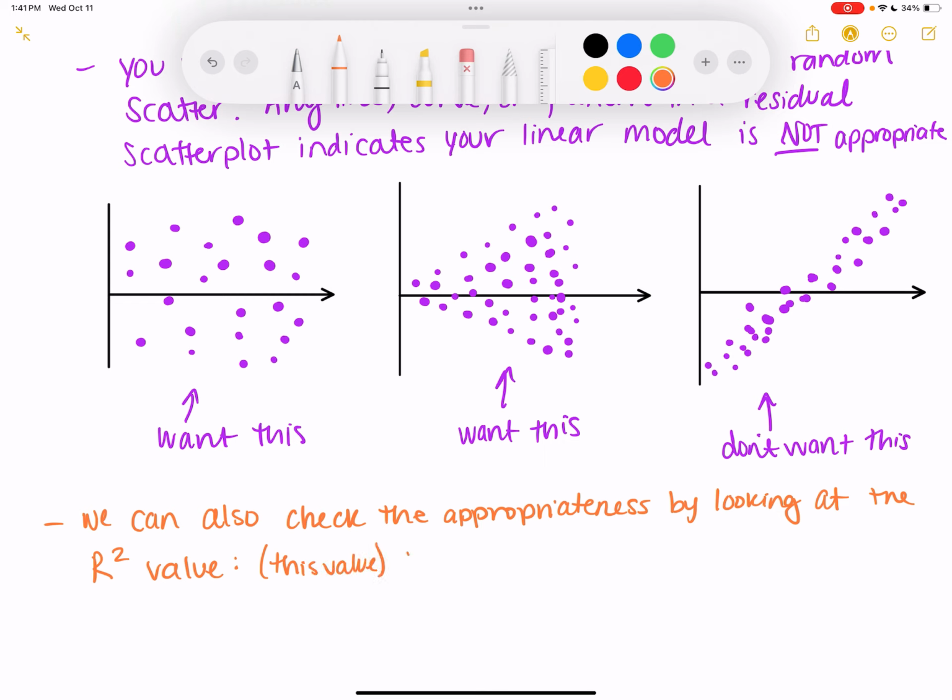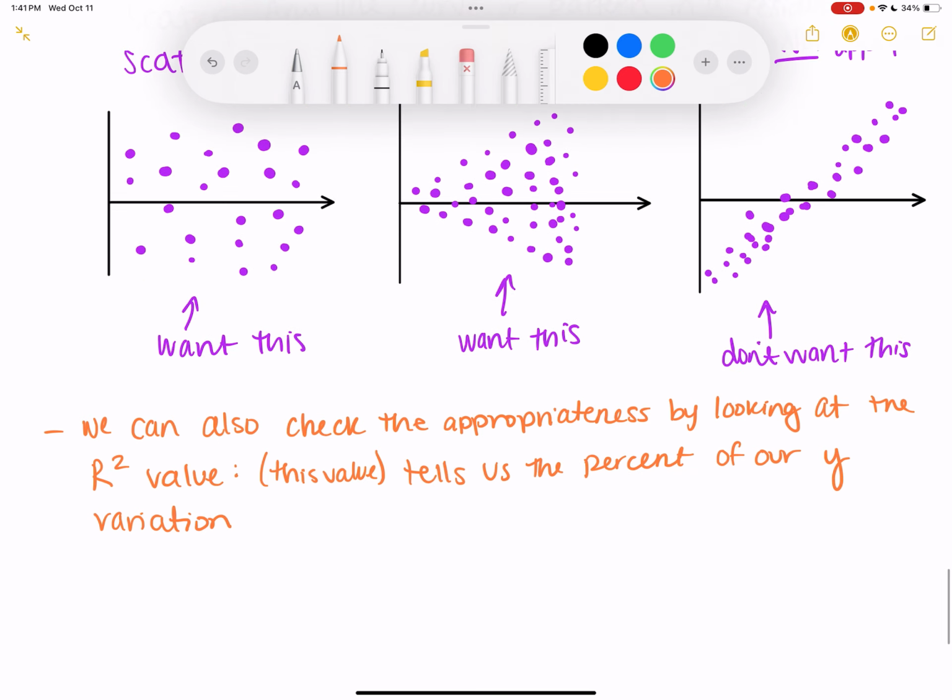This value tells us the percent of our y variation that is determined by variation in the x variable.